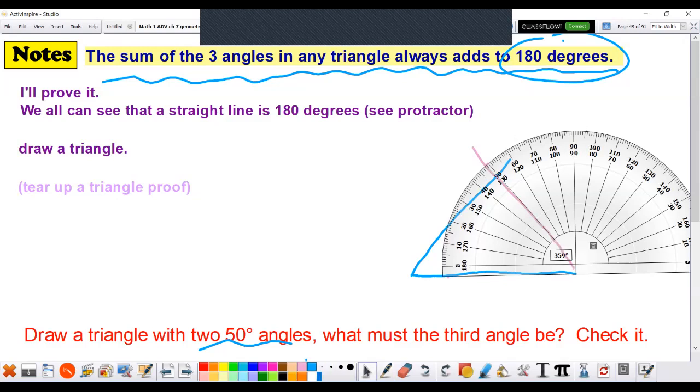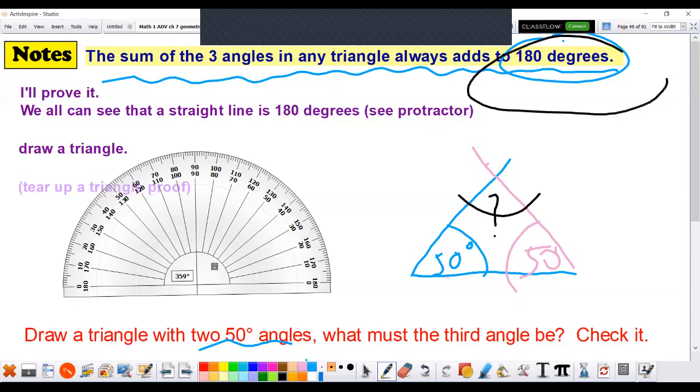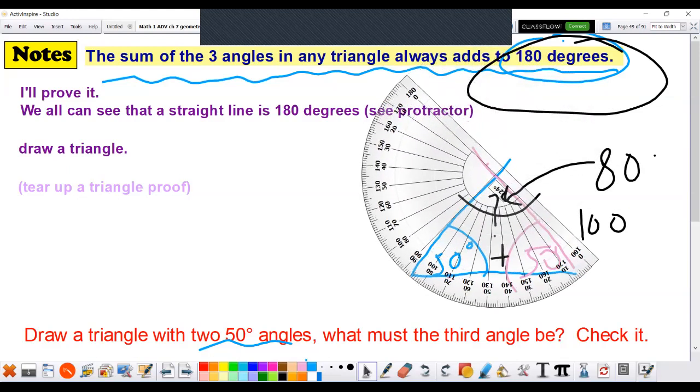This angle here was 50 degrees, and this angle over here is 50 degrees. What must this angle up here be? Well, if everything's 180, 50 plus 50 is 100, so I need 80 degrees more. And it's true. I could put this on here and spin it around to get one side lined up.